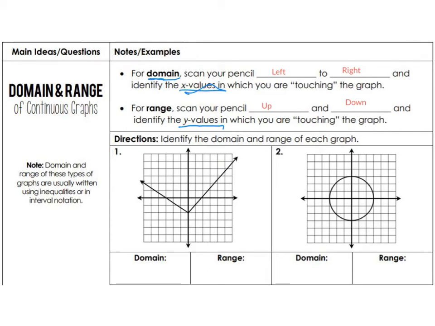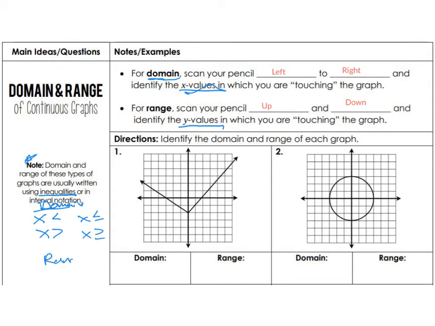Well, I guess before that, let's take a look over here and say, well, domain and range of these types of graphs are usually written using inequalities or interval notations. We're going to focus on writing inequalities right now, not so much the interval notation. So for your domain values, we're going to have things like x is less than, x is greater than, maybe x is less than or equal to, x is greater than or equal to.